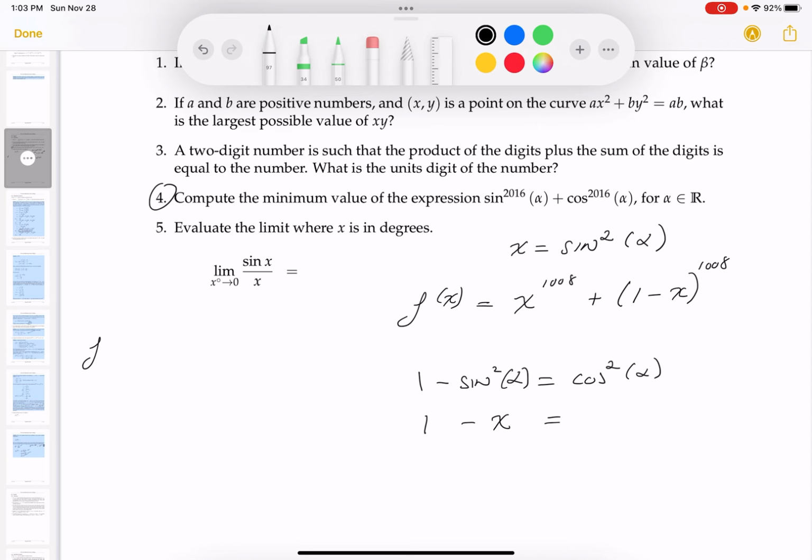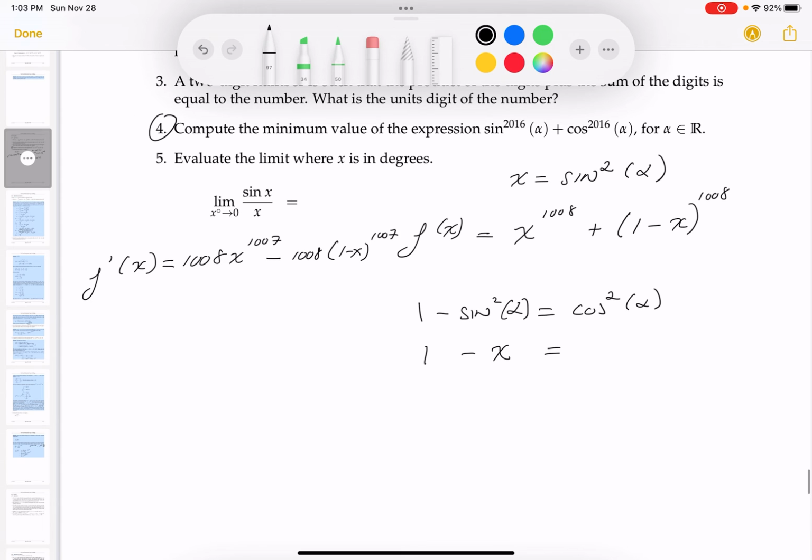So write down f prime of x equals 1008 x to the 1007, and then it's going to be minus 1008, 1 minus x to the 1007. All right, let's keep thinking.